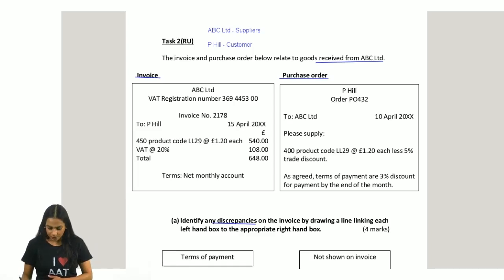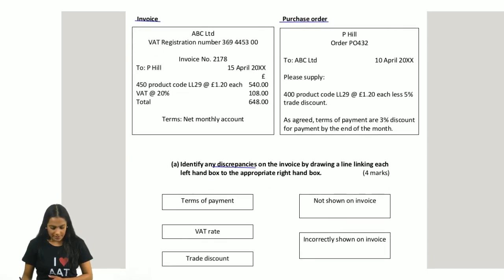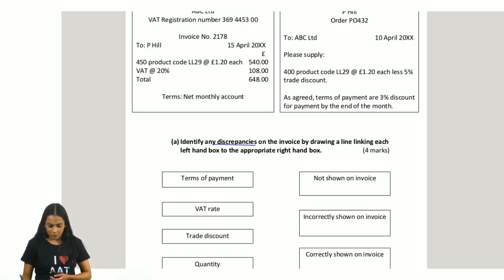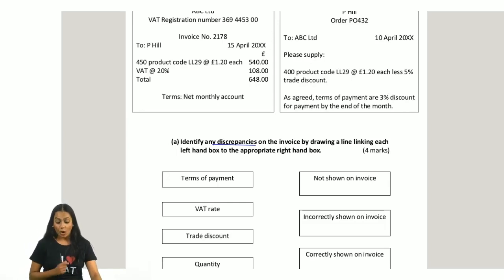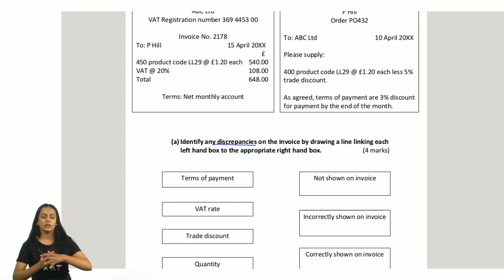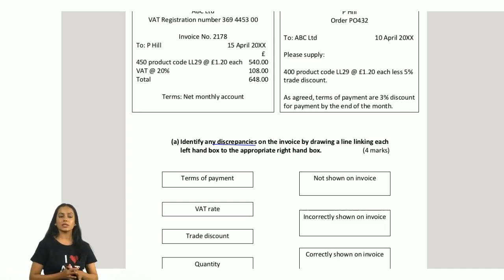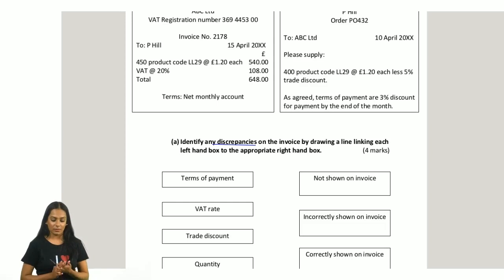Okay, so it says there, the terms of payment. Have the terms of payment been correctly shown in the invoice, or incorrectly shown, or not shown on the invoice? Okay, now in the purchase order, the terms of payment is requesting a 3% discount payable at the end of the month.